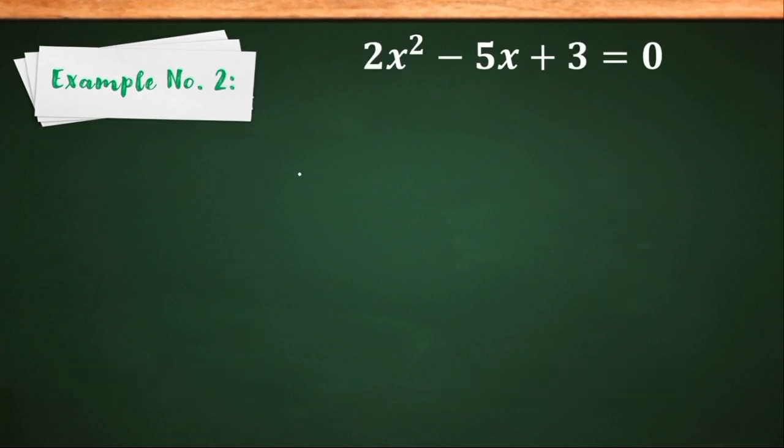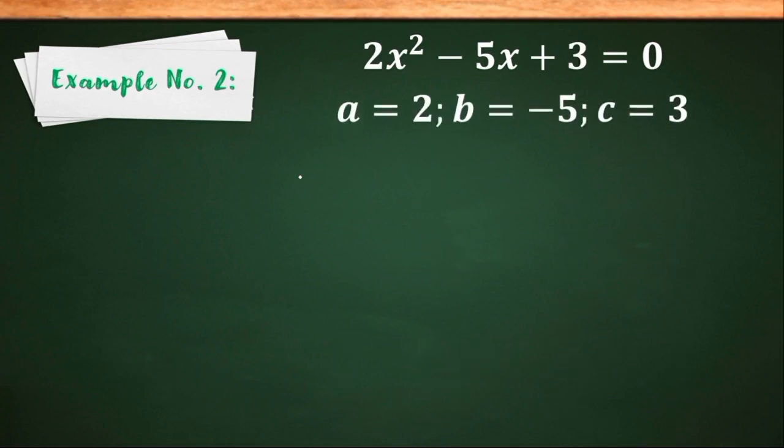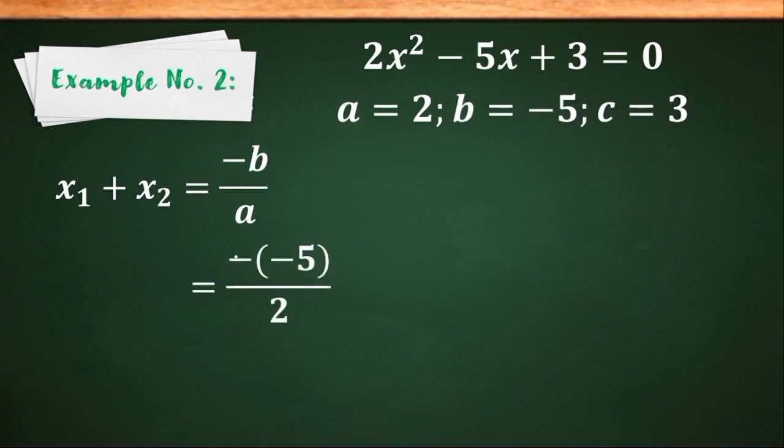Another example, 2x squared minus 5x plus 3 equals 0. The value of a, b, and c is 2, negative 5, and 3 respectively. Get the sum of the roots by using negative b over a. Substitute negative times the value of b, which is negative 5, all over 2.